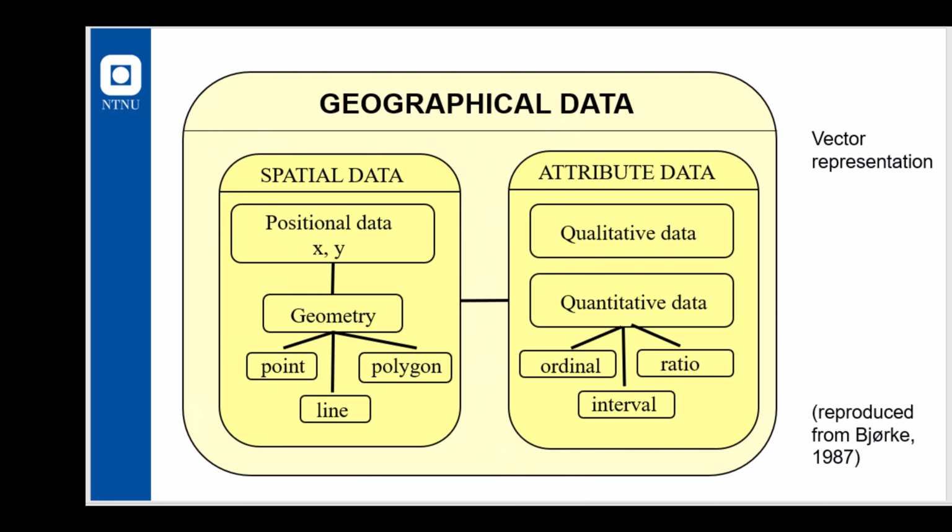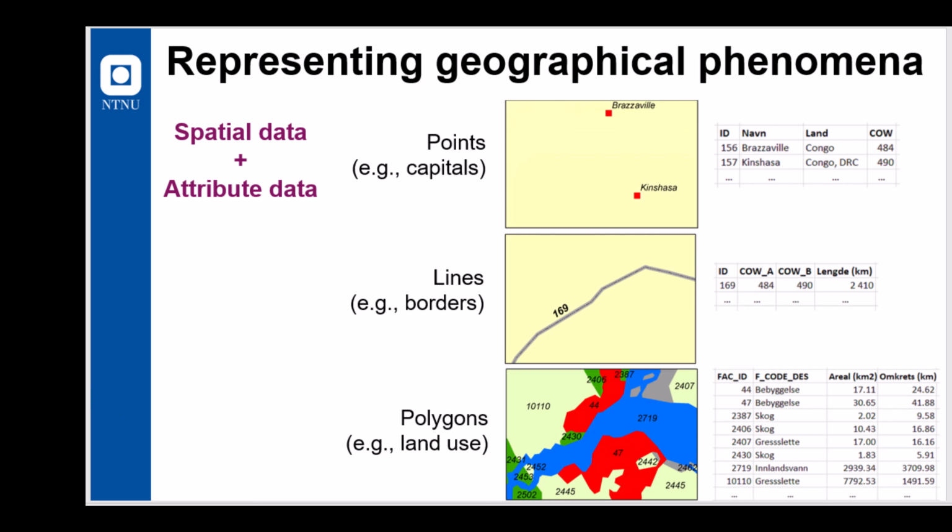The spatial data has positional data given by coordinates and a geometric form given as either point, line or polygon. And attached to the spatial data there are attribute data, data that describes the points, lines and polygons. So all three geometries therefore have attribute tables that store the descriptive data.